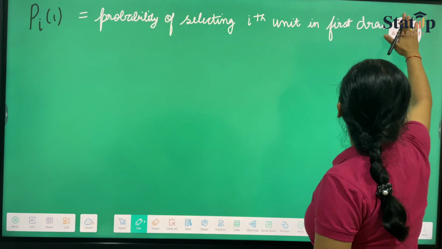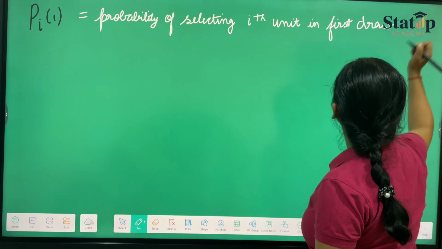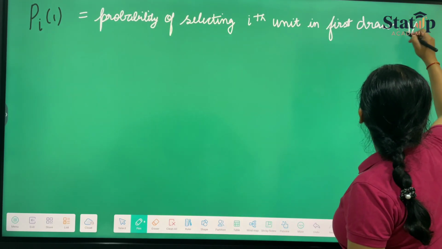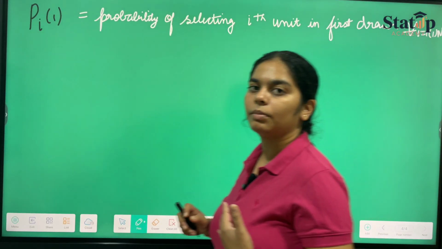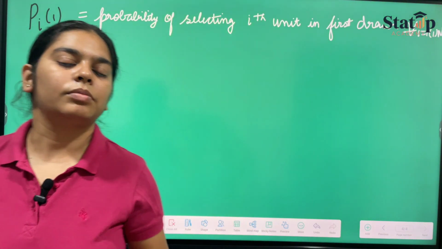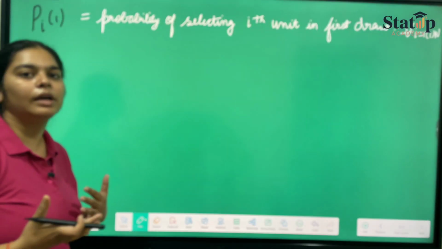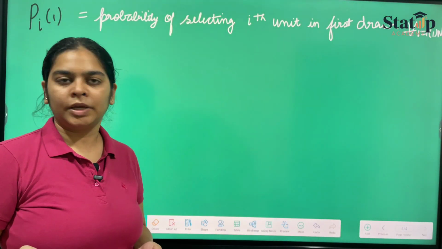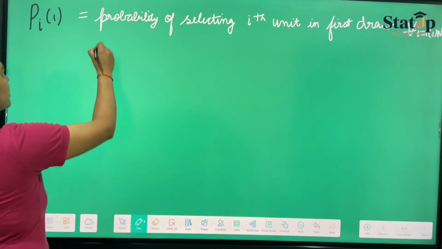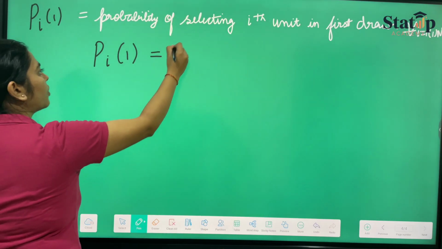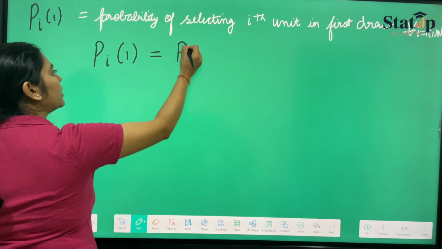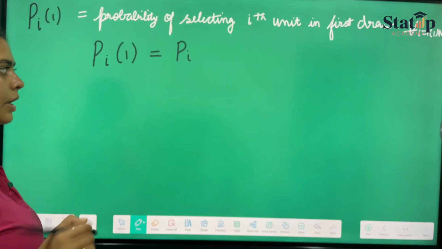Since we are talking about PPS WOR, in PPS WOR the probability of selecting ith unit in the first draw will be equal to Pi only. In first draw, the selection of any unit will be Pi.